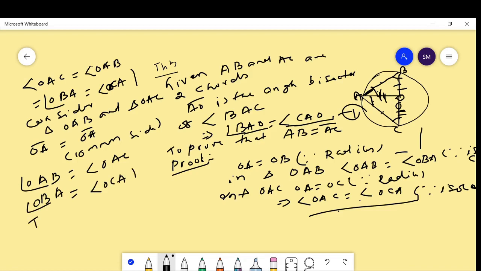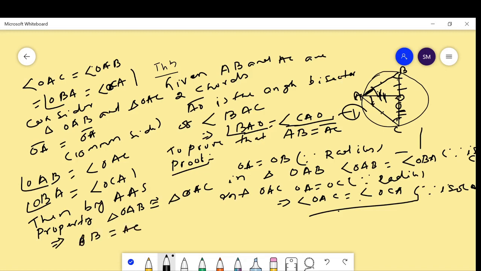Then by the AAS property, triangle OAB is congruent with triangle OAC, which shows that AB is equal to AC by CPCT. Hence proved.